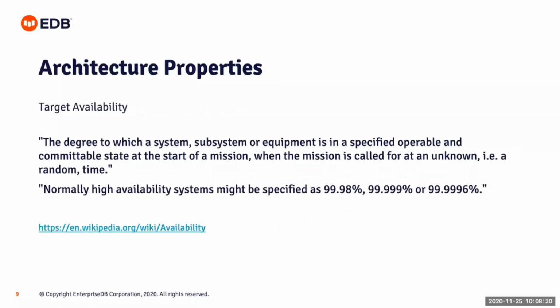And the last one, and the most well-known one, is target availability. This is where we talk about number of nines, so 99% uptime, 99.99% uptime, and so on. The degree in which a system is available, the amount of time where the system has been available measured across a month, a quarter, a year.